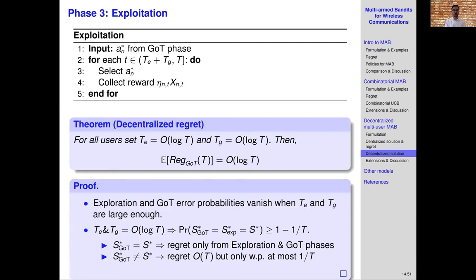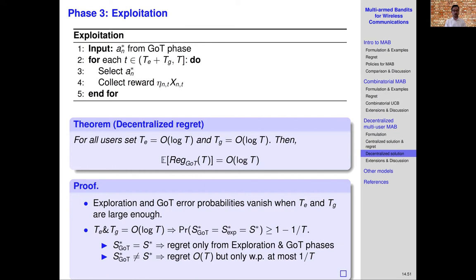Here's a sketch of the proof. We know that exploration and GOT error probabilities vanish when exploration and GOT phase lengths are large enough. So by setting them as logarithmic functions of the time horizon, we can achieve a very high probability of the returned optimal allocation at the end of the GOT phase matching the true optimal allocation.